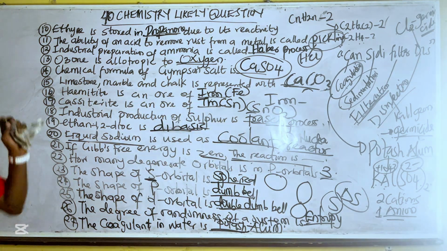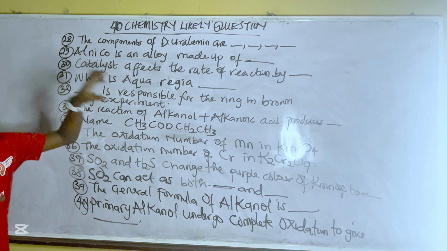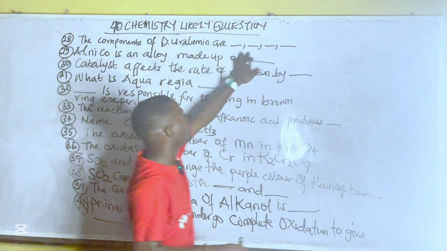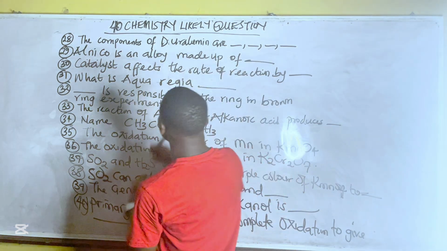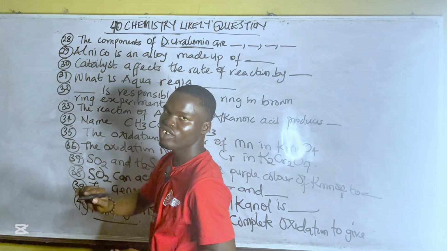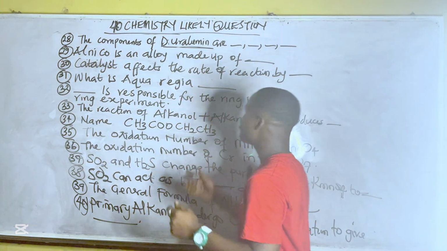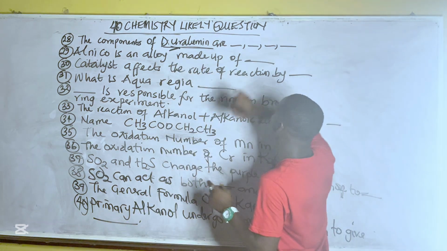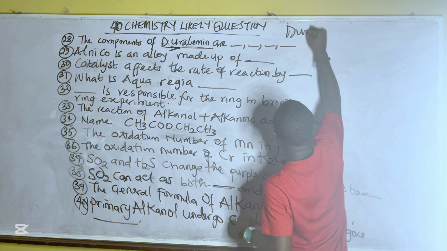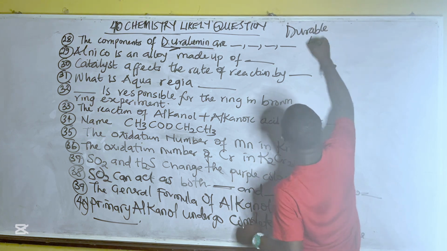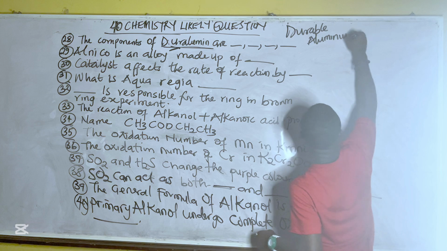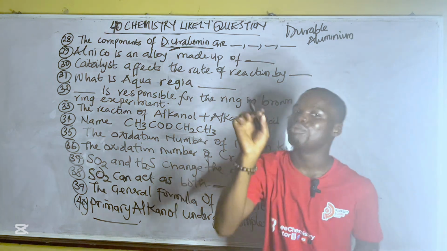So question 20. The components of duralumin are dash, dash, and dash. There are 4 main components of duralumin. Of course, you know that duralumin is an alloy, a mixture of metals. I don't know why people miss this thing. They don't know that the word dura means durable aluminium, aluminium that is durable.